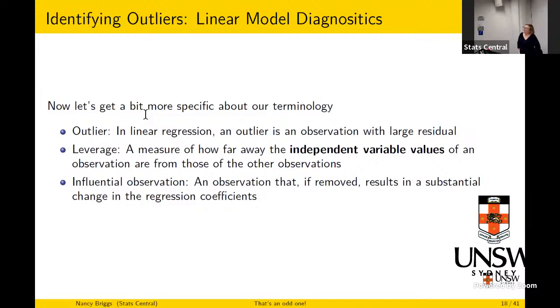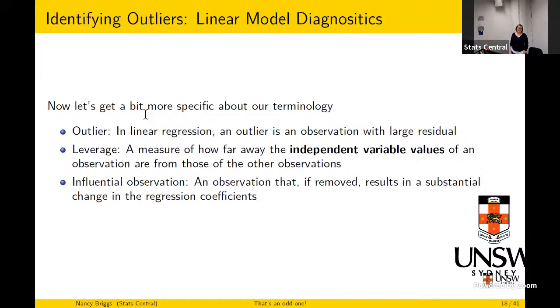Some of the things that we get out of these regressions that we run in statistical packages are diagnostics. And we're going to get a little bit more specific about our terminology here. I gave you some general definitions about outliers and influential data points. Now we're going to get a little bit more specific, but this is as specific as we're going to get.